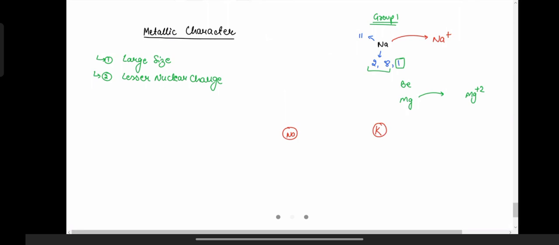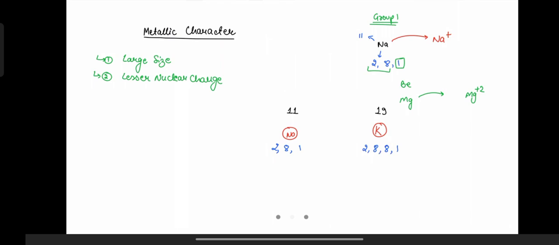It's 11. So first, I have 2 electrons innermost, 8 and 1, and what will be the scenario in the case of 19? 2, 8, 8, 1, right?